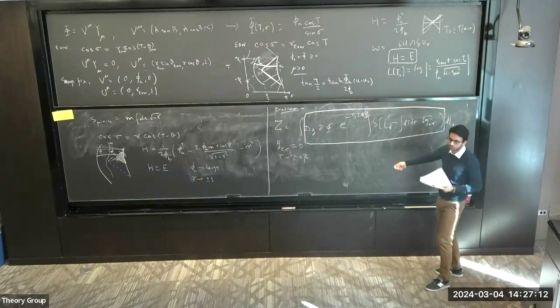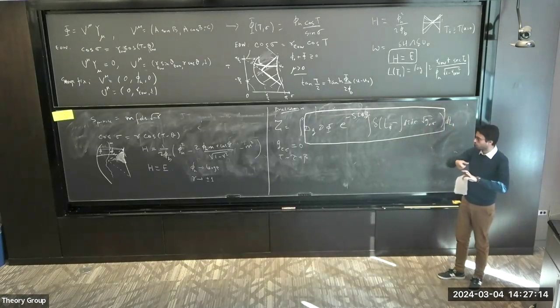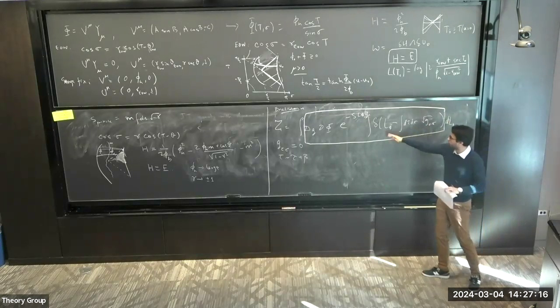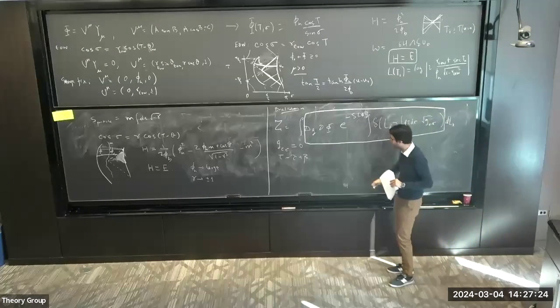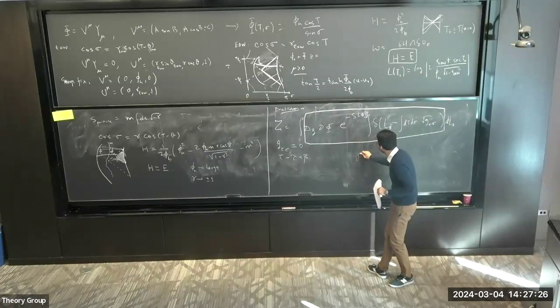So we can try to find out the saddles which will contribute. What we can do is exponentiate this, include a Lagrange multiplier, and vary over the Lagrange multiplier as well to find the saddles. And the saddles will look basically like this.